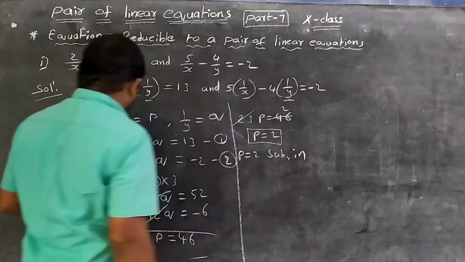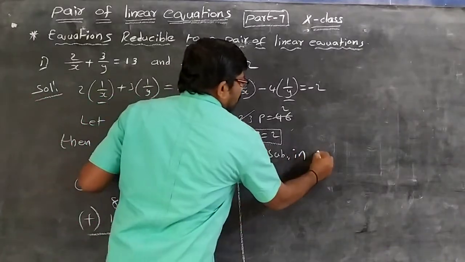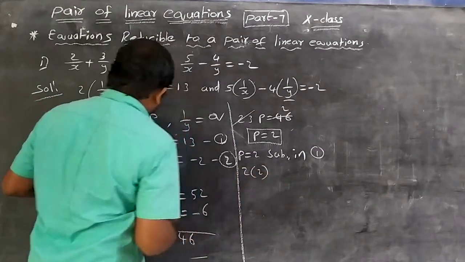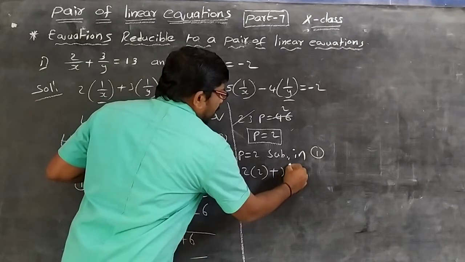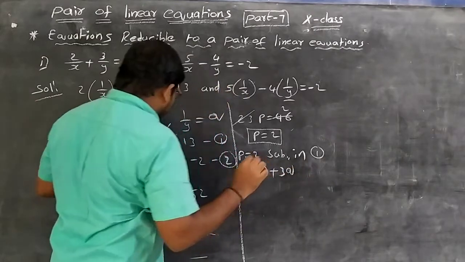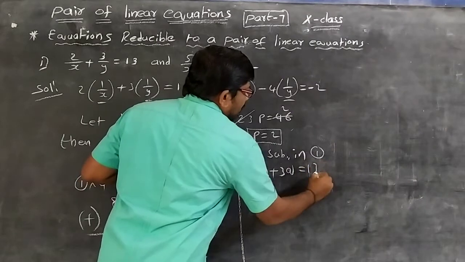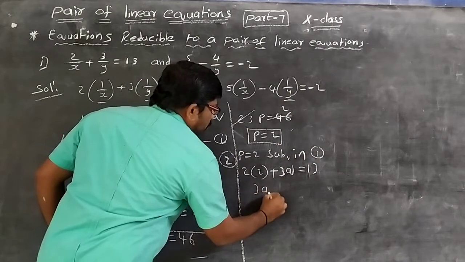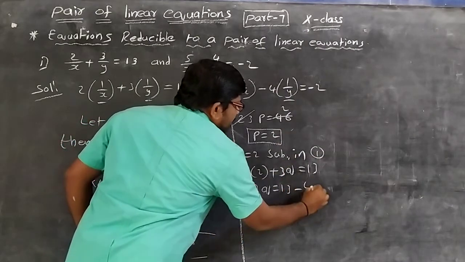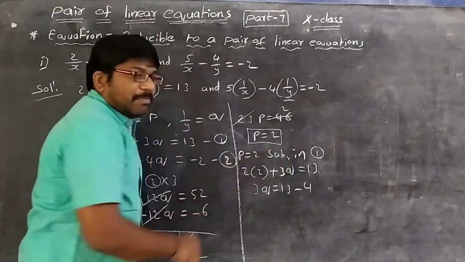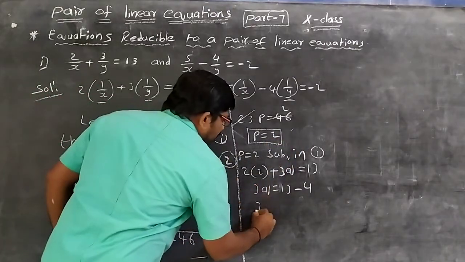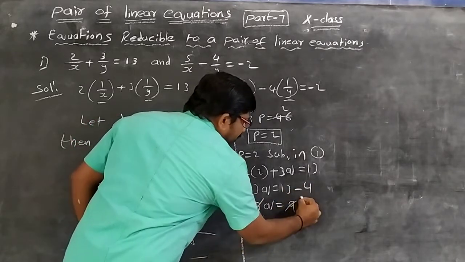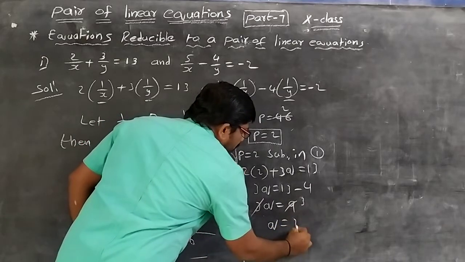Take equation 1, that is 2p plus 3 into q. 2p is 2 into 2, plus 3q, we don't know the q value, is equal to 13. 2 2s are 4. Take that side, it will become minus 4. 3q is equal to 13 minus 4, 9. 3 3s are 9. So then q is equal to 3.